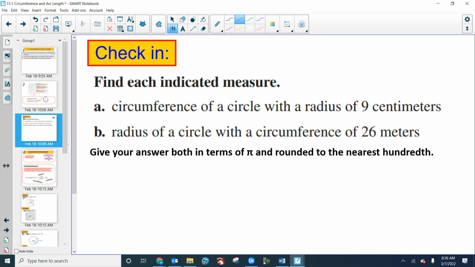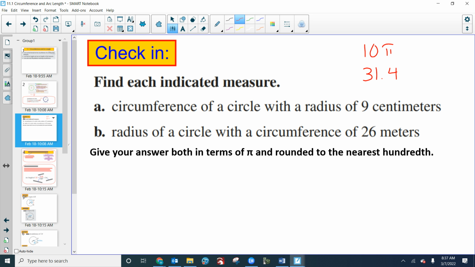Pi is a number. Pi is a number. So if I say 10 pi, do you see how I don't have to round that number? Do you agree? I don't have to round that number. What does it tell me to do as an operation? 10 times pi, right? So it's about 31.4.